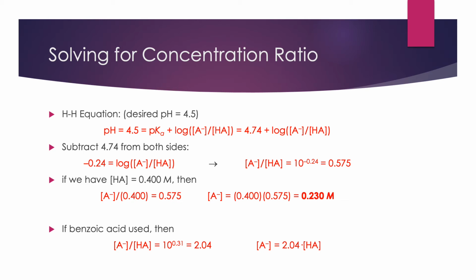So in other words, we need twice as much sodium benzoate as the benzoic acid that we have in there. So if we figure out the concentration of the conjugate base, it would be 2.04 times that. If we had the same amount of acid, 0.4 molar, then that would end up being about 0.8 molar sodium salt that we would need in order to create this particular buffer.